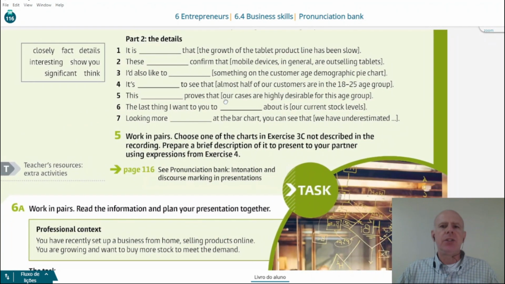And then in part 2, we have these words: closely, fact, details, interesting, show you, significant, and think. It is that the growth of the tablet product line has been slow.